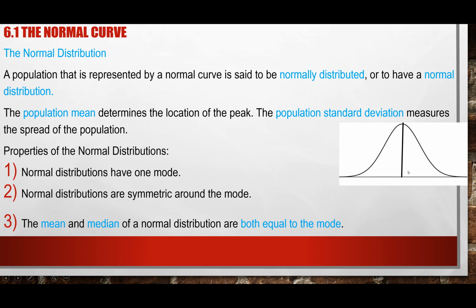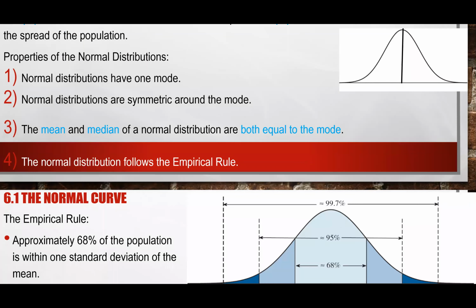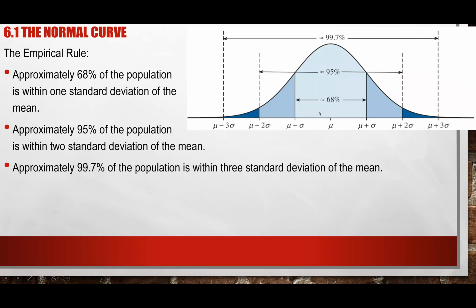The last property of the normal curve is that it follows the empirical rule. Reminder, the empirical rule from chapter 3 tells you that the middle of your symmetrical bell-shaped curve is 0. The middle is your mean, your median, your mode.